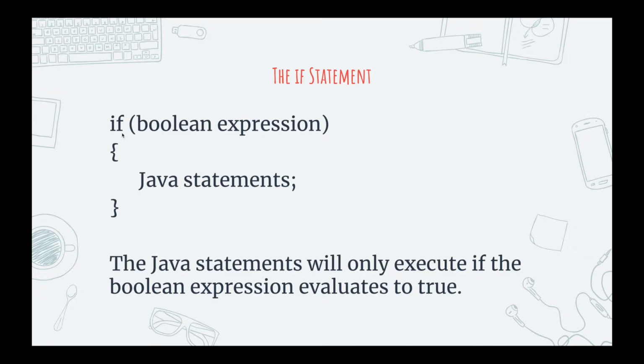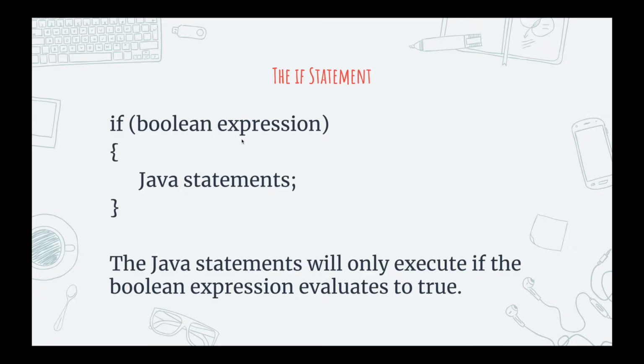But we have an if statement, and then in parentheses will be a Boolean expression. So it could be like x is greater than or equal to a certain number. And it could have the logical operators. It can have the relational operators. And basically, we have this Boolean expression to provide a context and allow the compiler to make a decision based on a Boolean expression.